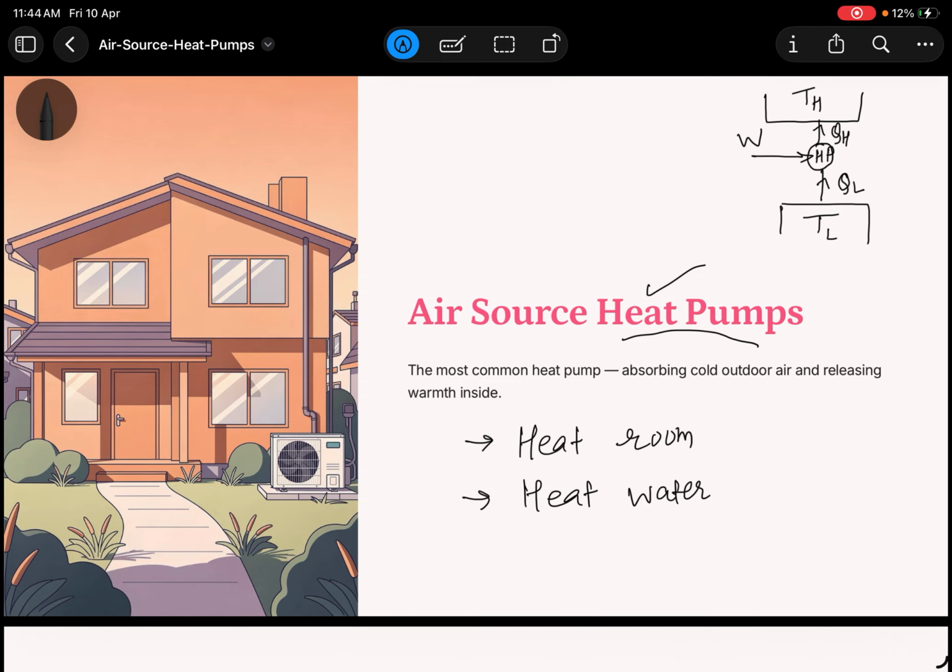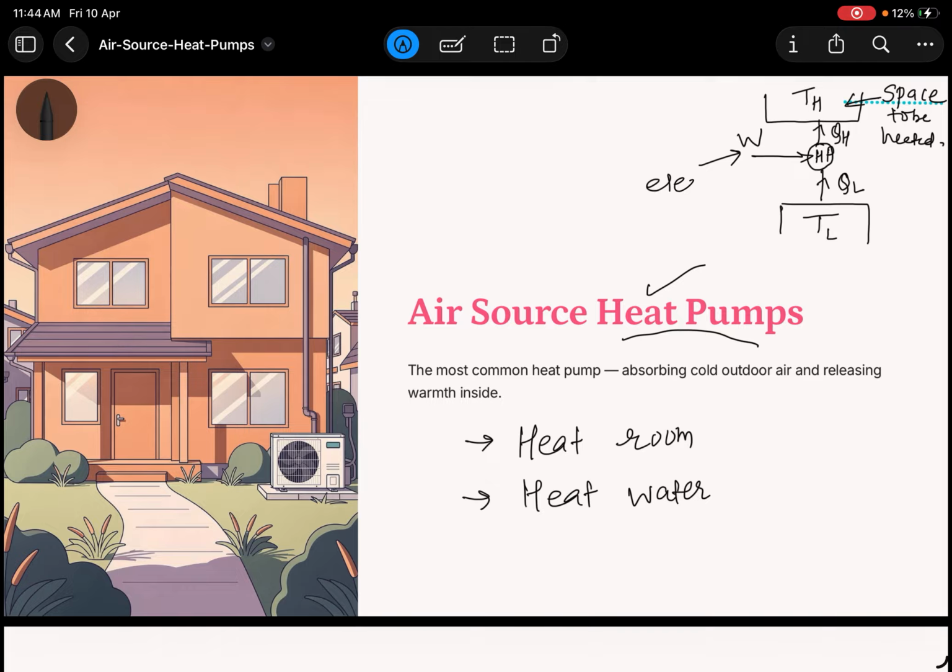Now why is it more efficient? Suppose this is the space to be heated, and if you employ a heat pump, we supply electricity to this machine.